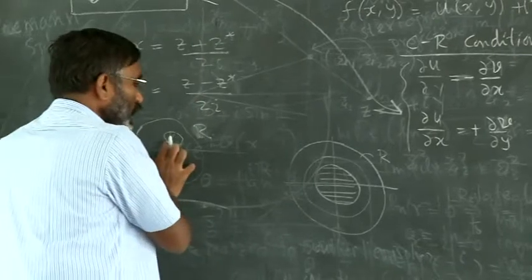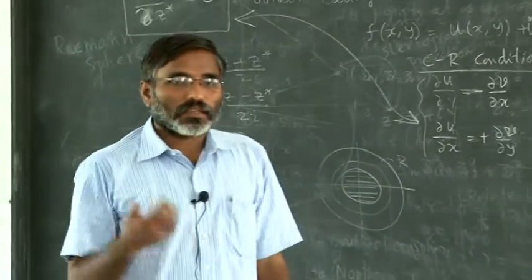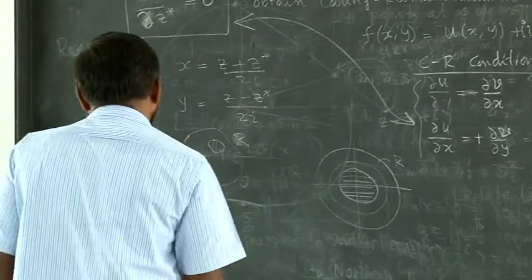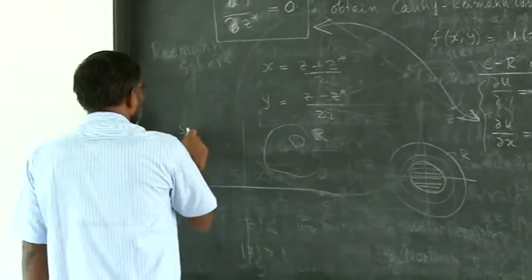This is simply connected, this is multiply connected. These two notions are important for us to develop Cauchy's integral theorem and Cauchy's integral formula. So just defining, this is called simply connected.